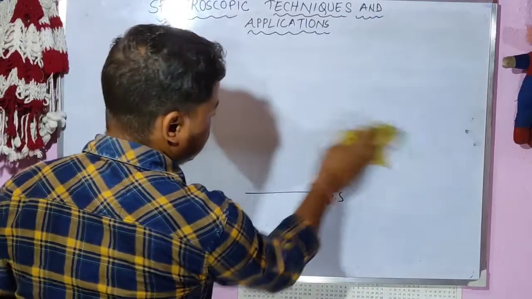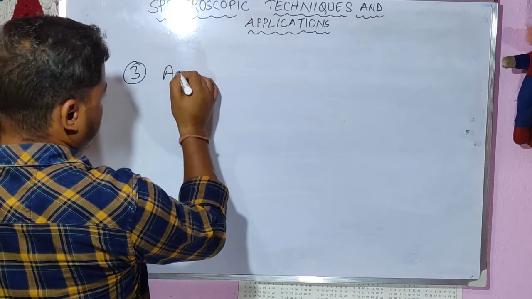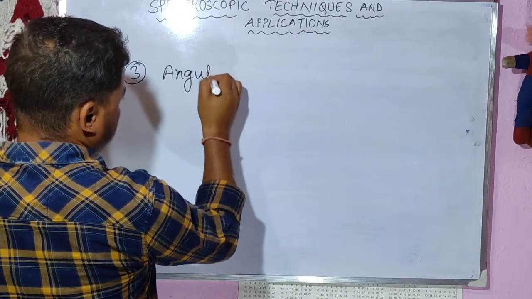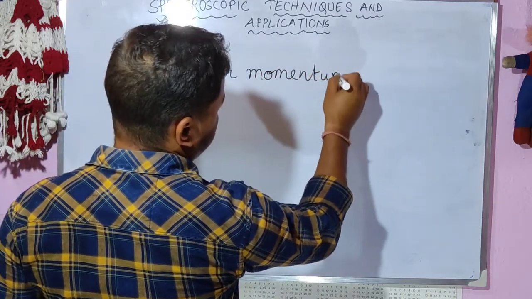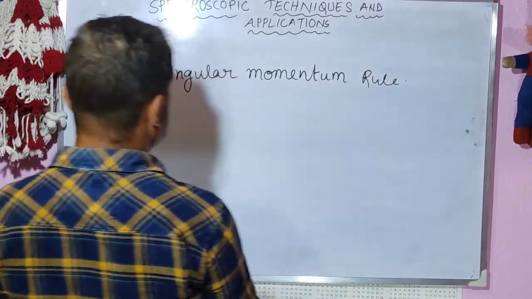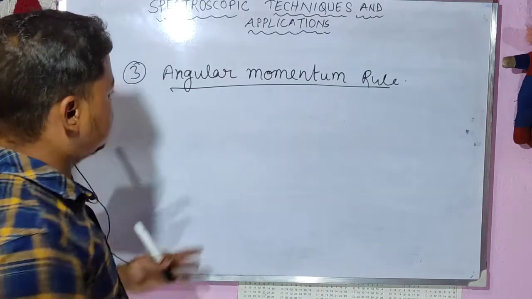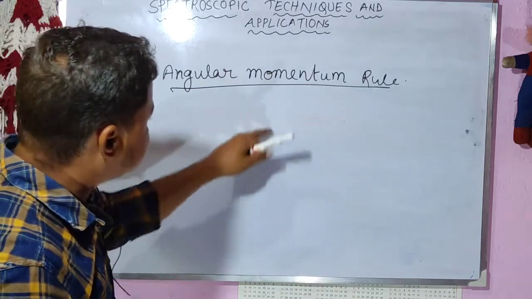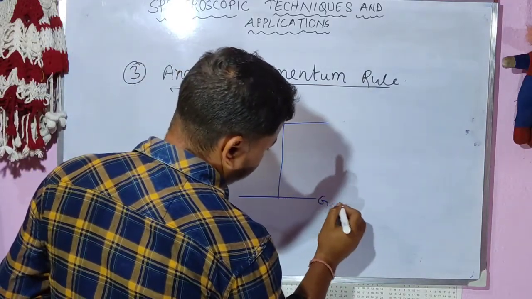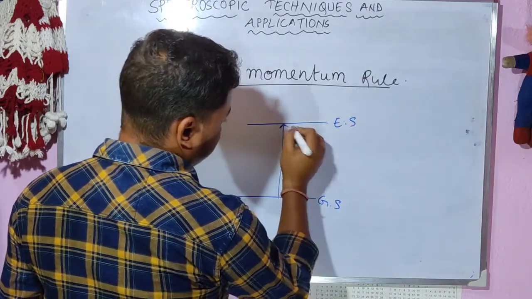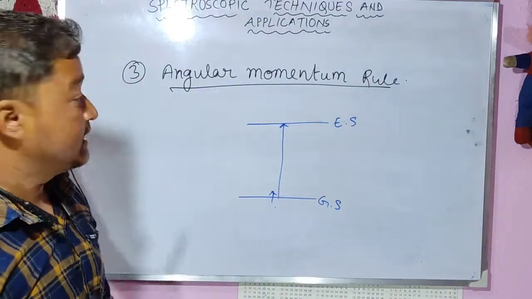And third is the angular momentum rule. During transition, this is the ground state and this is the excited state, and the electron goes from ground state to excited state.